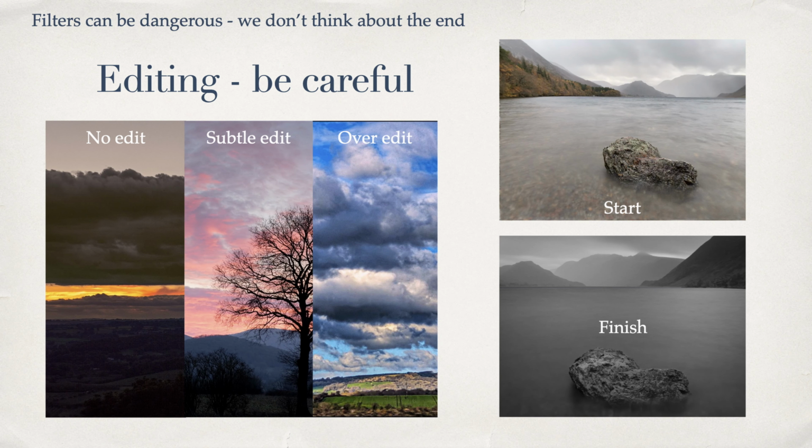So be careful. You can see on this slide, we've got no edit, a subtle edit and an over edit. Now they're slightly different scenes, I admit, but you can kind of see that one of them needs work, one of them you can probably use, and one of them I think has been killed to death by a filter or someone just whapping the saturation up to 47. And likewise, here's one of my images.